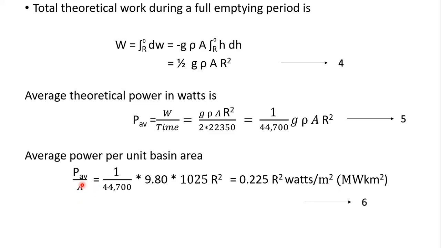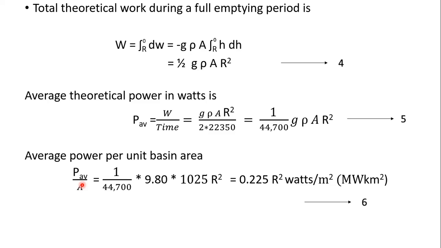The actual power generated will be less than the average theoretical power obtained from the above expressions, because there are some losses. The first is frictional loss, and the second is due to the conversion efficiencies of the turbine and electrical generator, where we lose some energy.